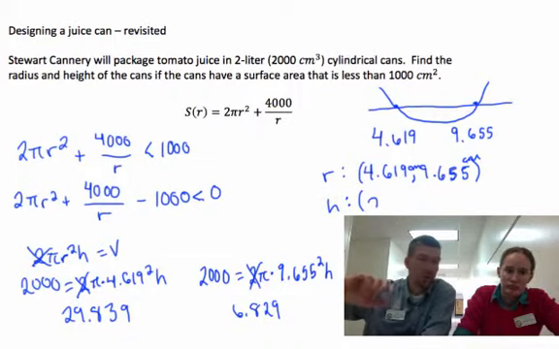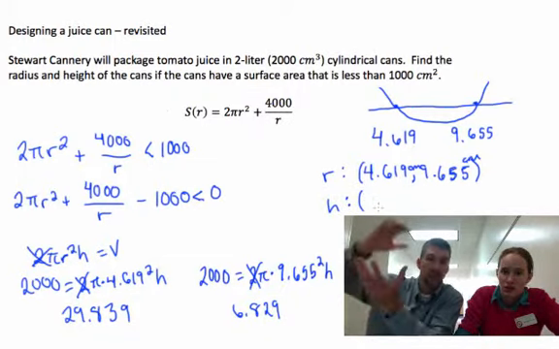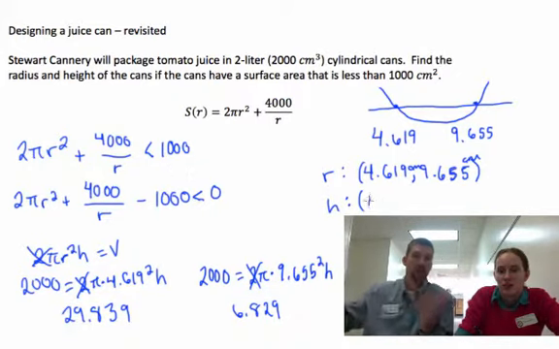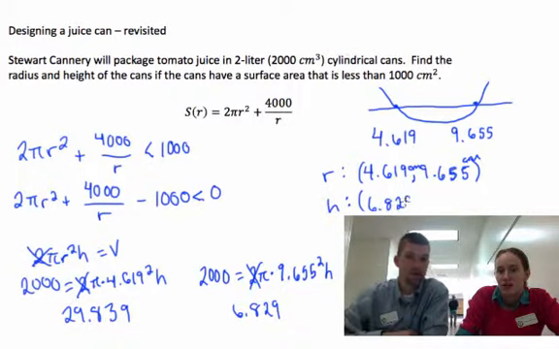As a result, since we have a range for the radius, we end up with a range for the height as well, between 6.829 and 29.83, also in centimeters.